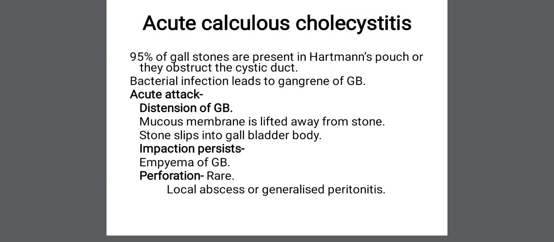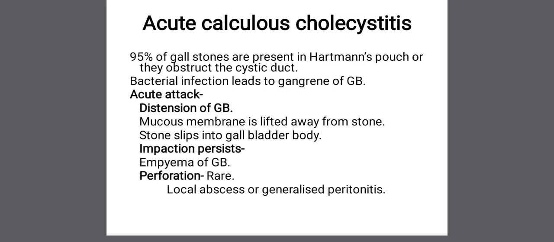Then there are some effects and complications of gallstones, usually found in gallbladder and maybe in bile duct. So the effects and complications of gallstones are: in gallbladder, the stones may remain silent, or it may lead to complications like chronic cholecystitis or acute cholecystitis or mucosal carcinoma.